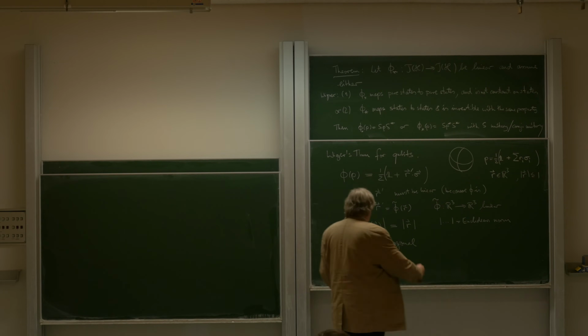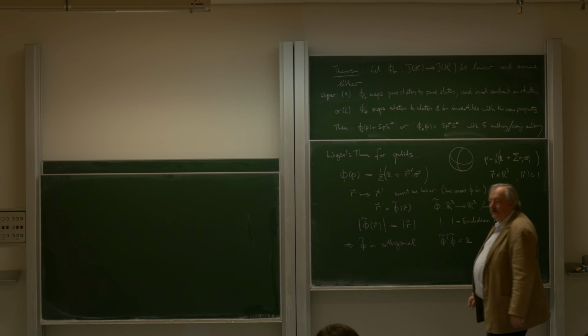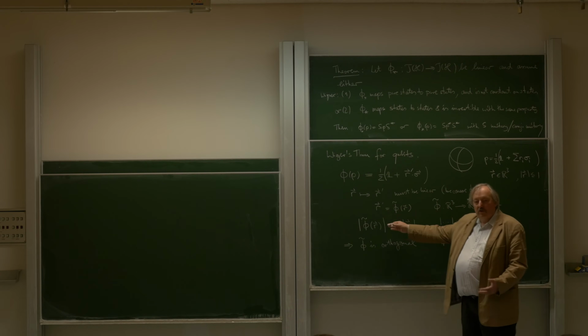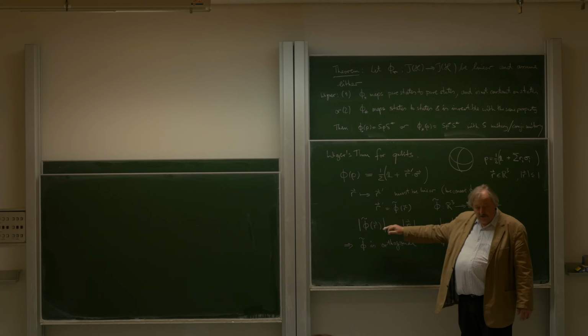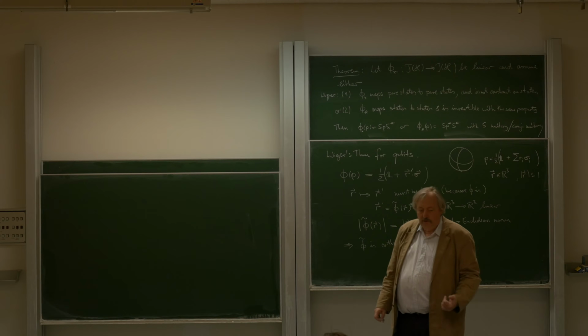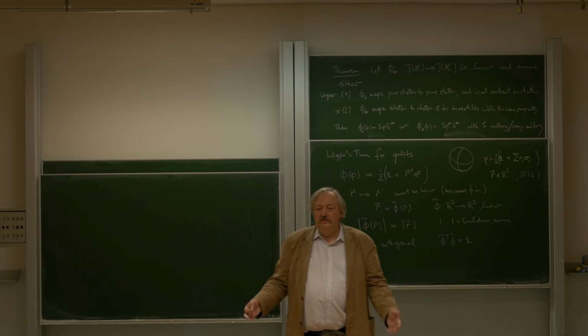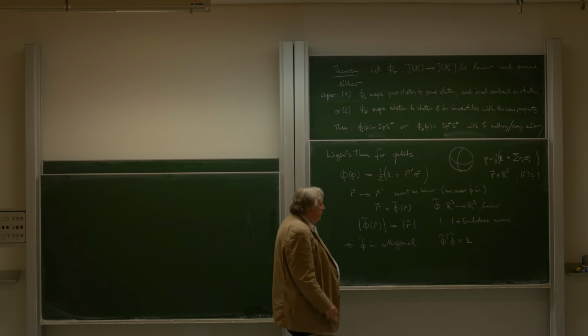So you could say that phi twiddle transpose times phi twiddle is the identity. Right? That's another way to define it. But that's just saying that the scalar product is preserved. Now if the norm is preserved, the scalar product is also preserved, because you can extract the scalar product by polarization from the norm. Okay. So it's an orthogonal map.